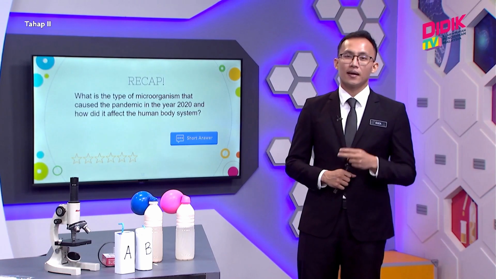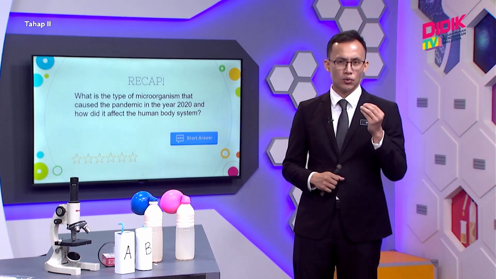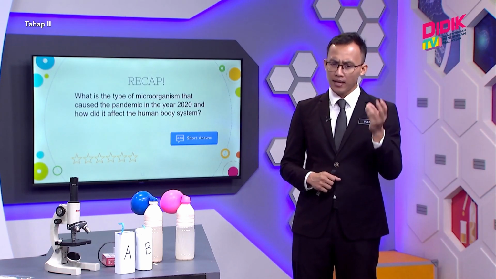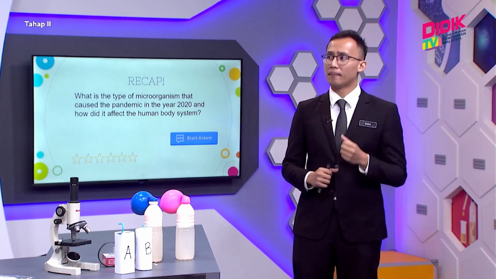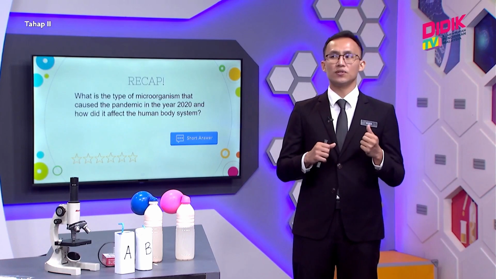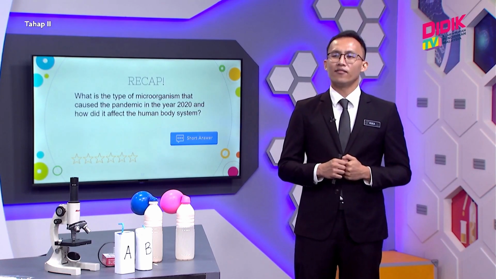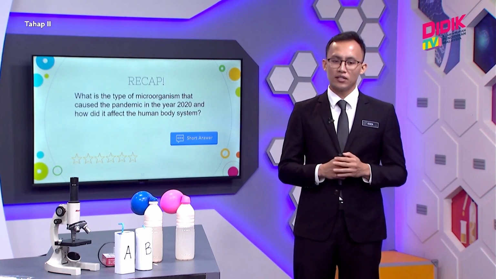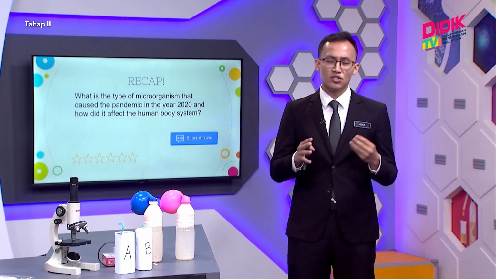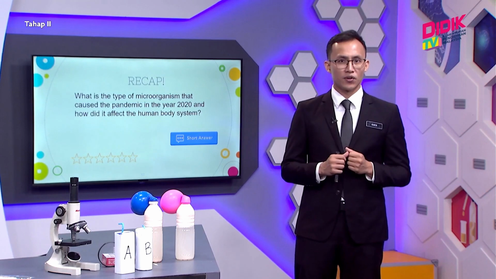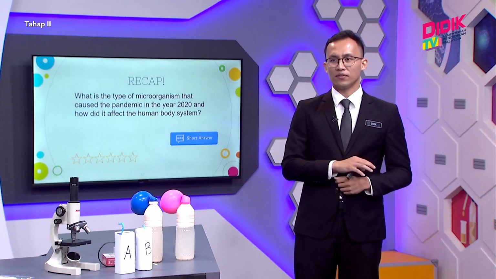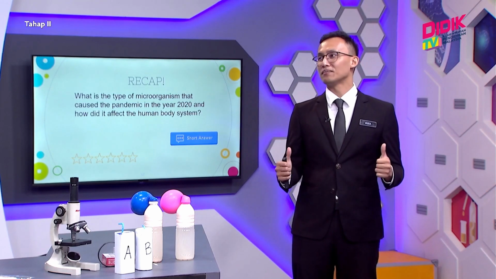The second is pupils will be able to state and give some examples of microorganisms, which they also did. And finally, all of them managed to carry out activities and describe the life processes of microorganisms. Therefore, all of them succeeded in the learning outcomes today.